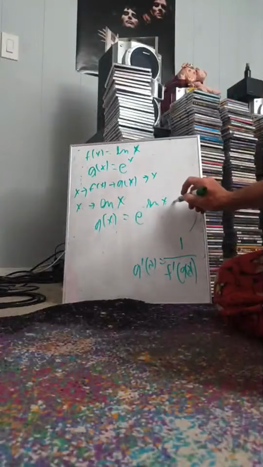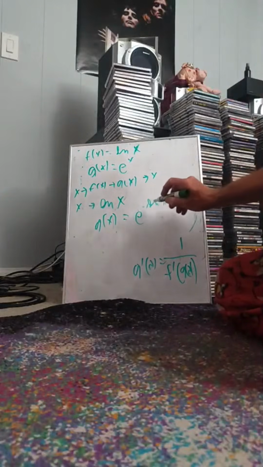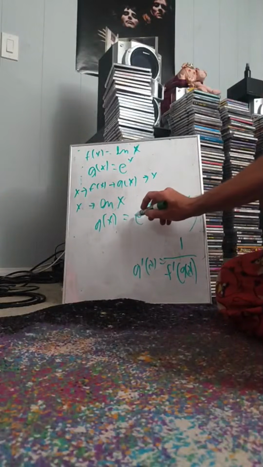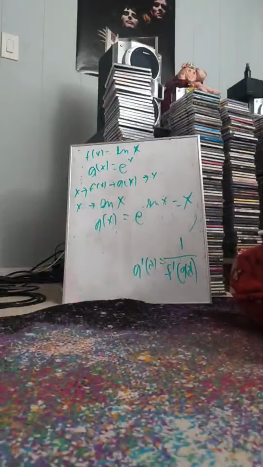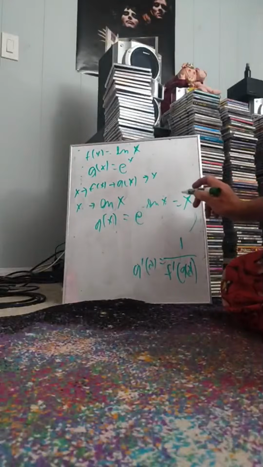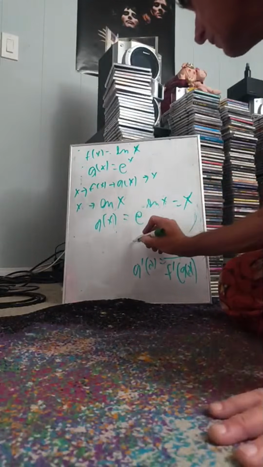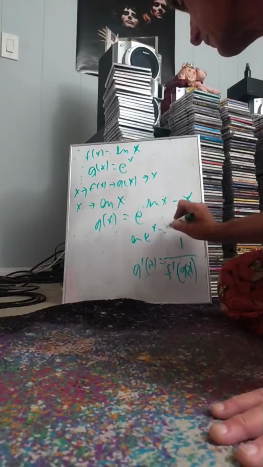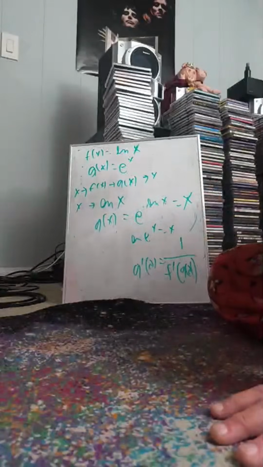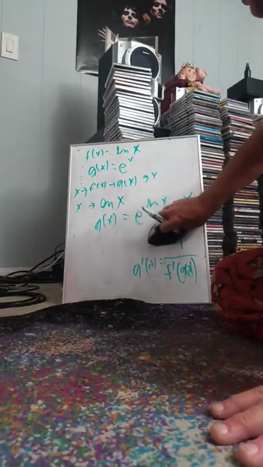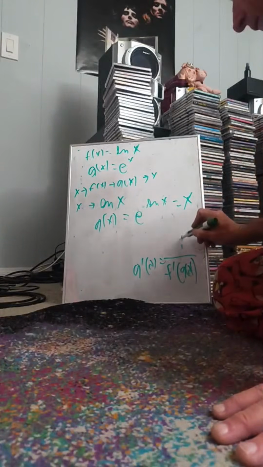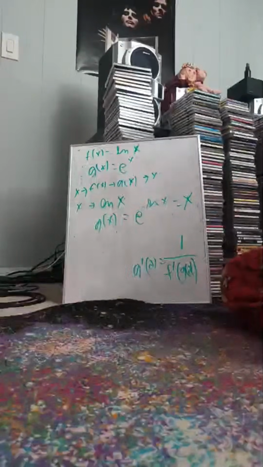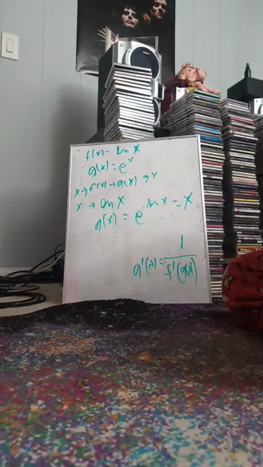E to the log x is equal to x, because the exponential function and the natural logarithm are inverse functions. The e to the log x is x, and also log e to the x equals x, because e, the exponential function, and the natural logarithm, which is the logarithm base e, are inverse functions. So that is true, they are.